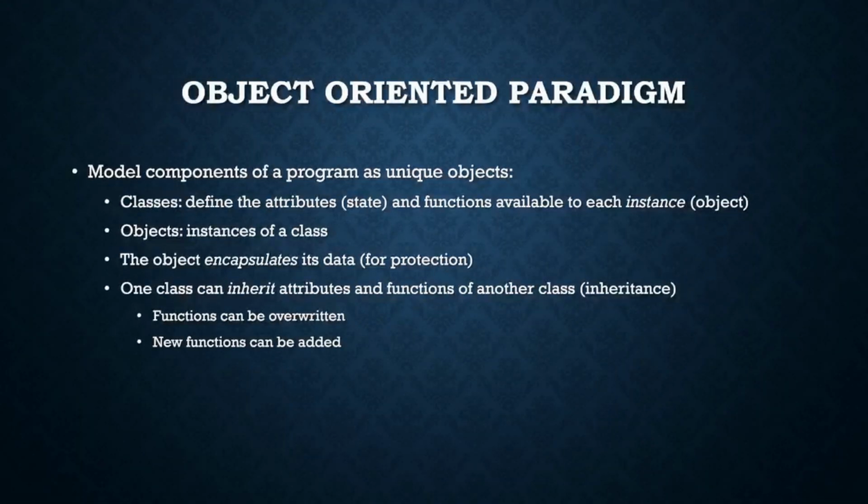In inheritance, we can overwrite functions, or you might define functions abstractly in the base class and say, if you're going to use this function, you need to implement it yourself. You can also extend it by adding new functions. Child classes also inherit the attributes or properties of the parent class, and you can add new properties or attributes as you wish.